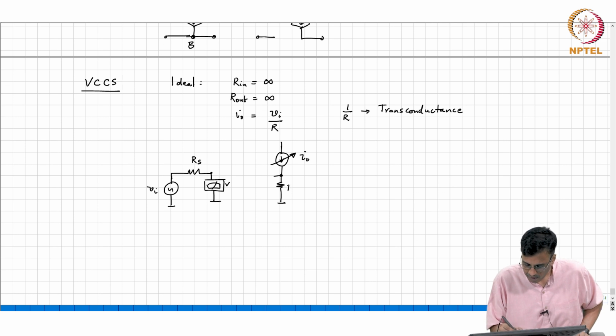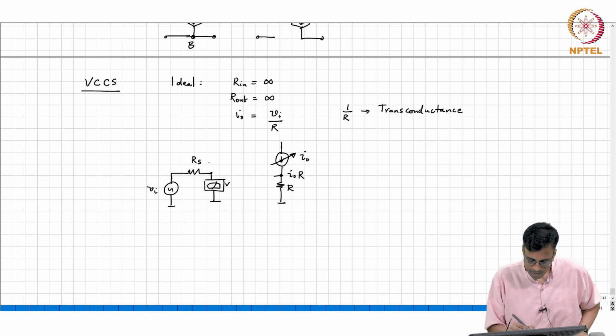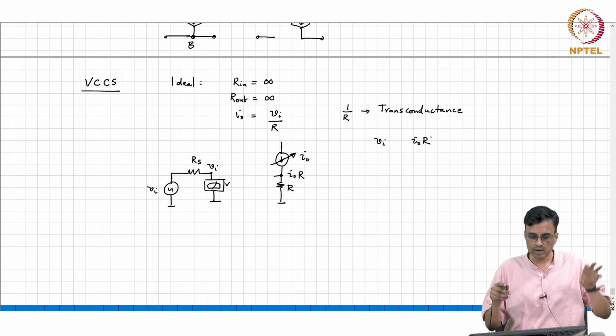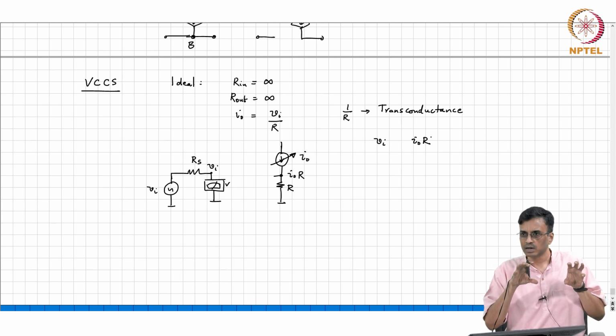This voltage is I naught times R. At least now we can get rid of the calculator. What else can we do? So, what are we comparing? We are comparing Vi with I naught R. That basically means we need 1 voltmeter to measure Vi, 1 voltmeter to measure I naught R.